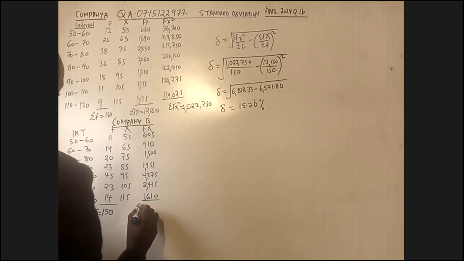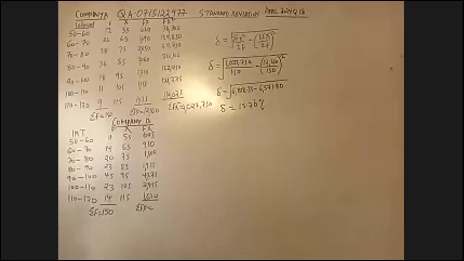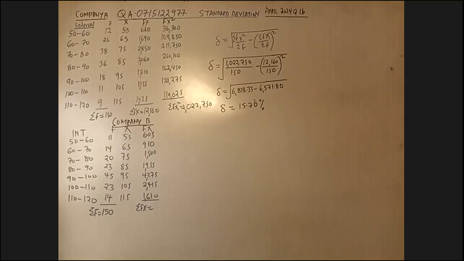The summation of fx is 605 plus 910, 1500, 1955, 4275, 2415, 1610, which gives 13,270.